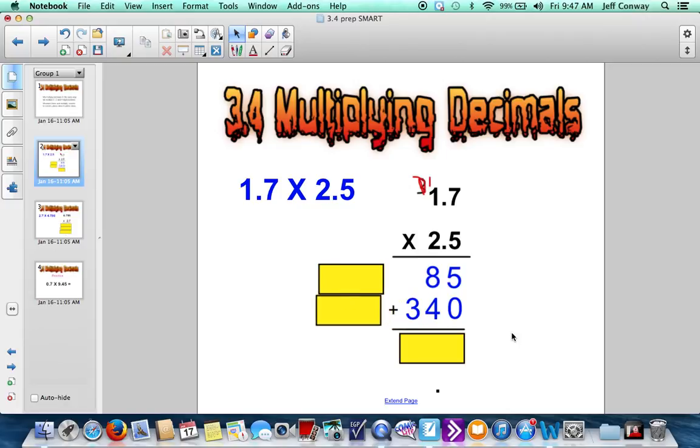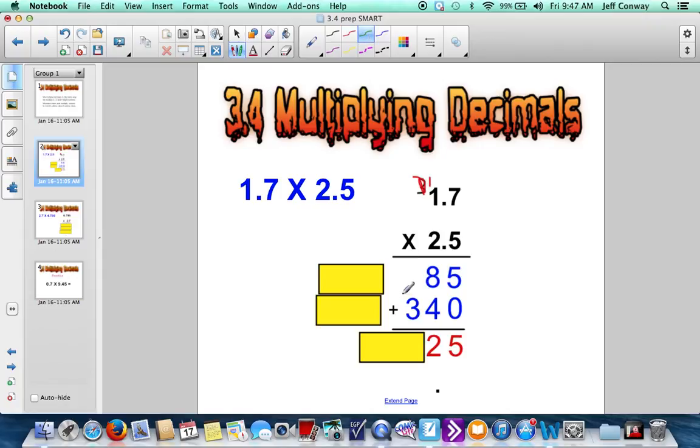And now what we do is we add those two numbers together. So 5 plus 0 is 5. 4 plus 8 is 12. So I put down the 2, and just like we did with addition, I'm going to carry the 1 over. And then once I've done that, 3 plus 1 is 4.